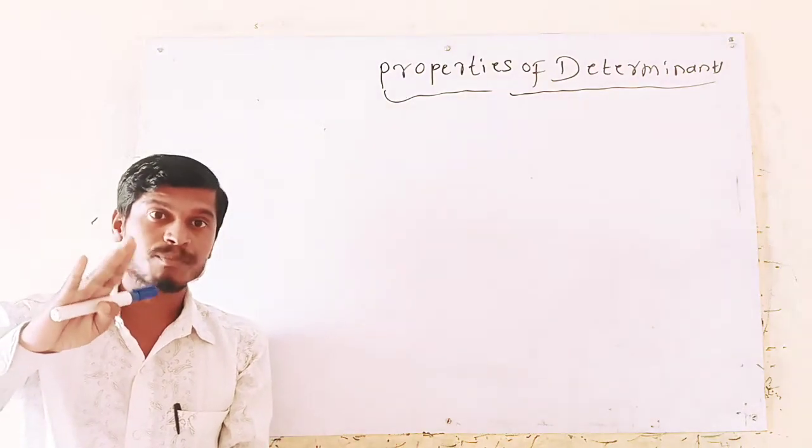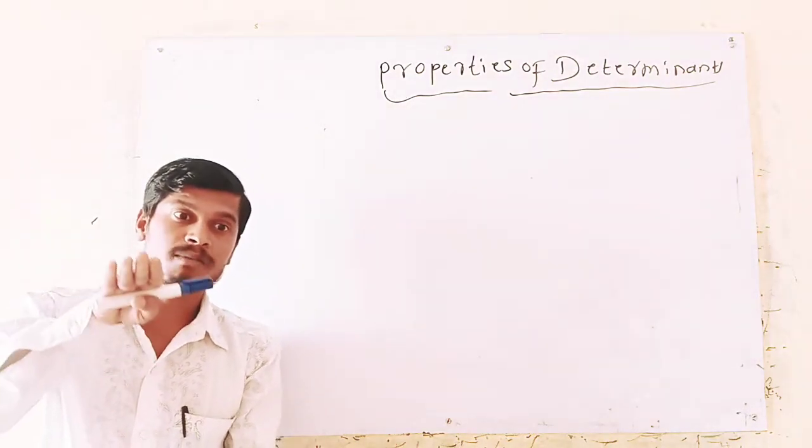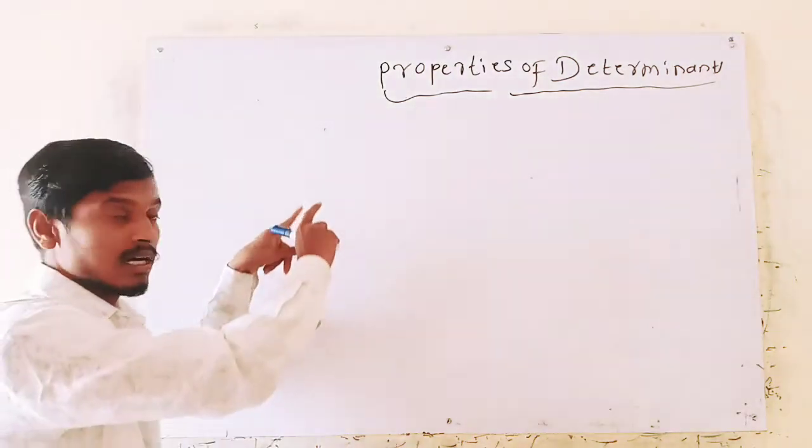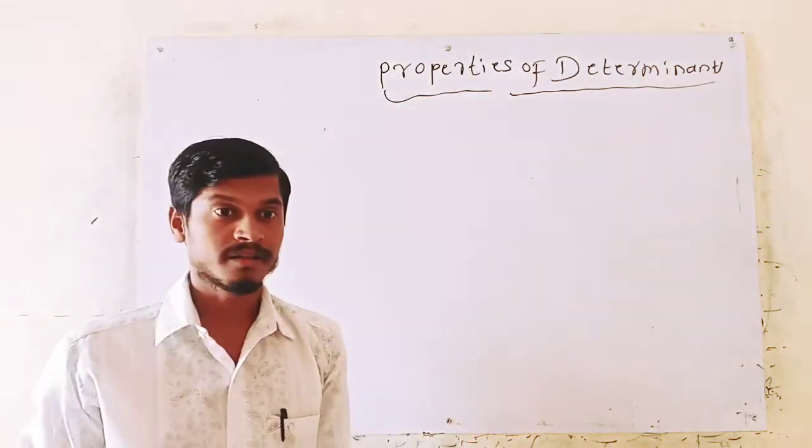So try to use the properties to bring the maximum number of zeros in your determinant, then expand.